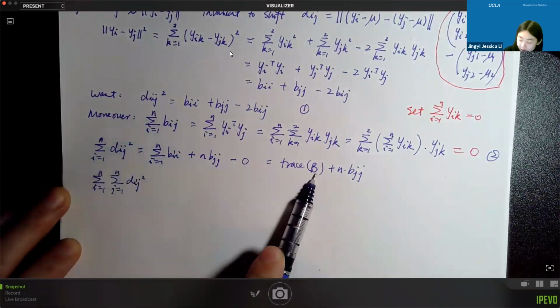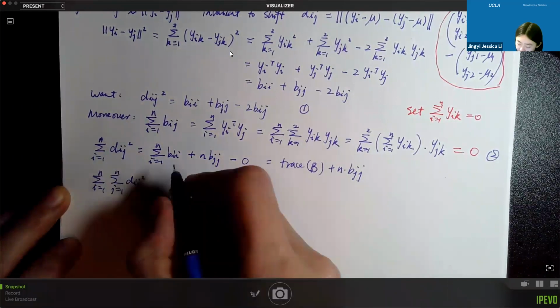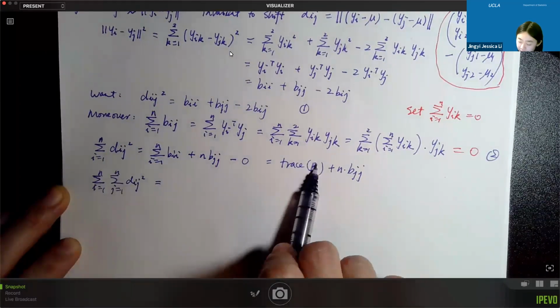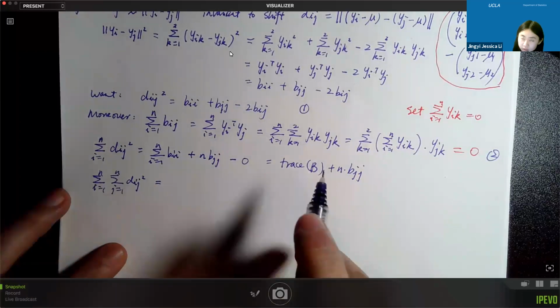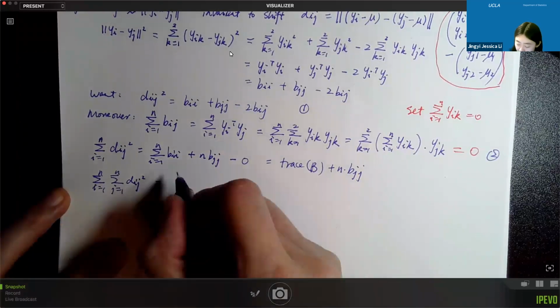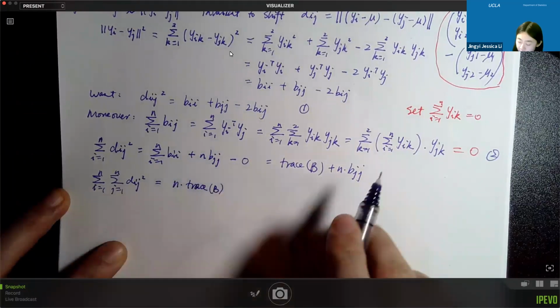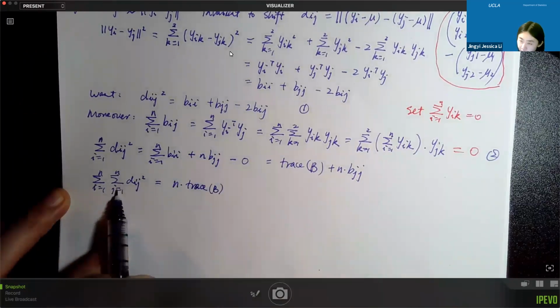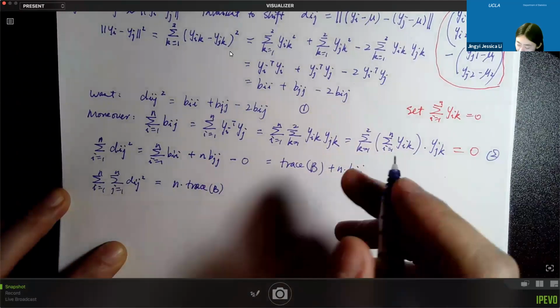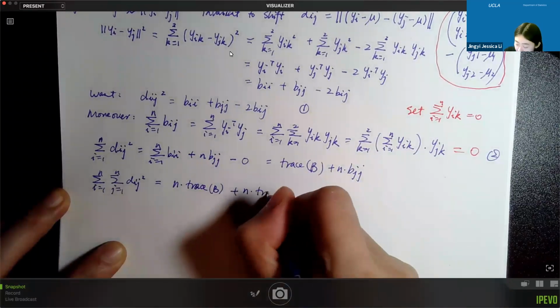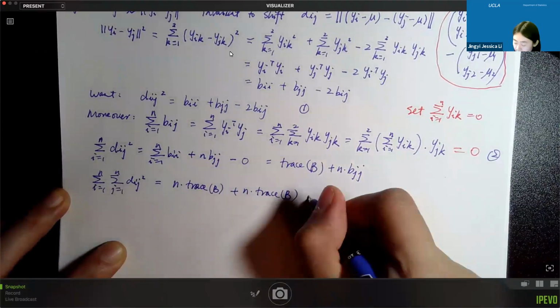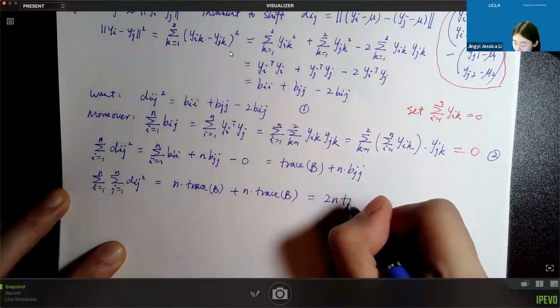The trace of B, because it has nothing to do with j, will appear n times, so n times trace B. And over here, summation j from 1 to n gave me trace plus n times trace B. So together it's 2n times trace B.